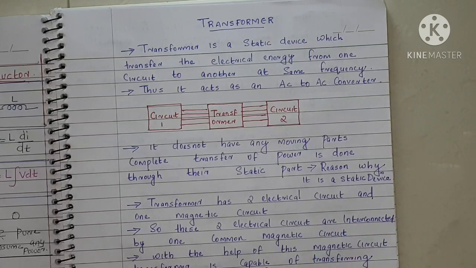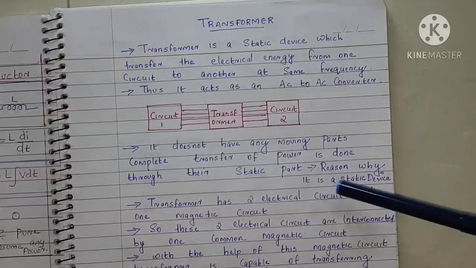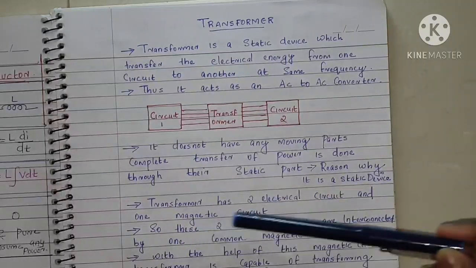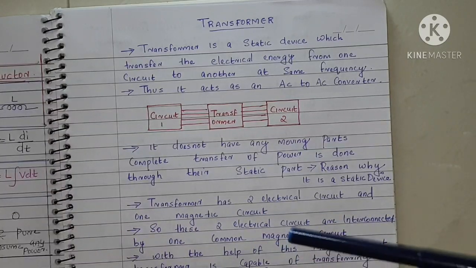A transformer actually consists of two parts. One is the core of the transformer, and the second one is the winding of the transformer. The core is nothing but a magnetic circuit, and the windings of the transformer are considered as electrical circuits. So a transformer has two electrical circuits, which means two windings, and one magnetic circuit, which means the core of the transformer.